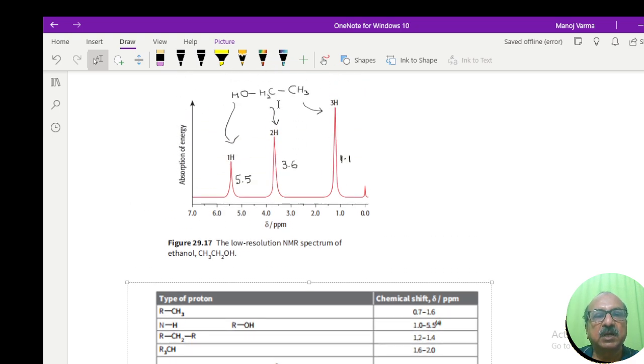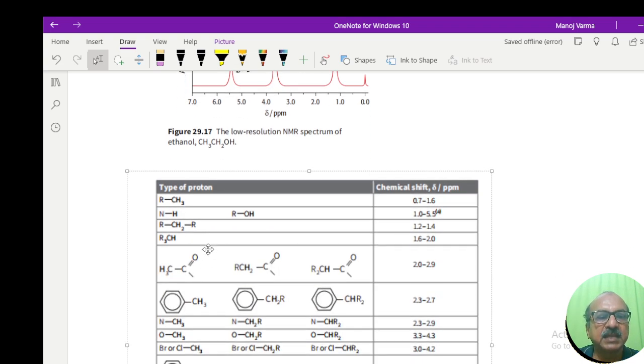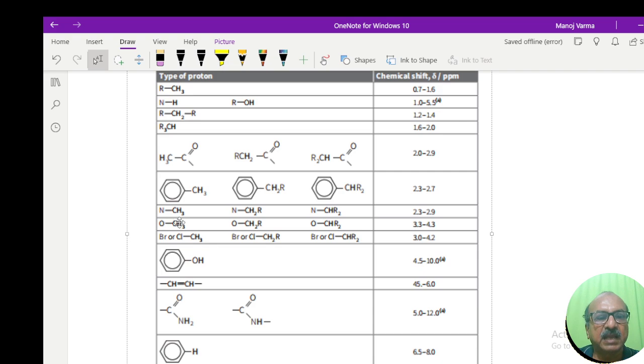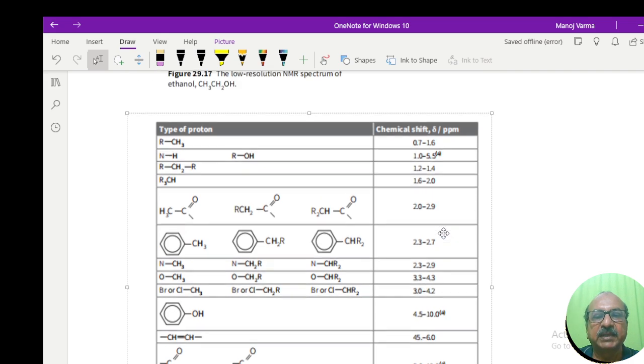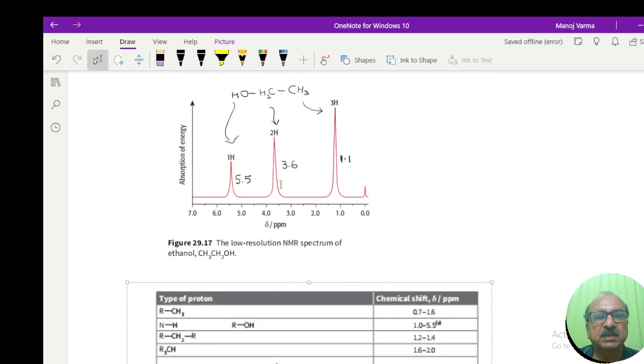Now this proton is next to oxygen. So when the proton is next to oxygen, we have these values here, which will be between 3.3 and 4.3. So we have this about 3.6 chemical shift, which represents these two protons.